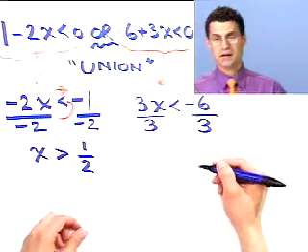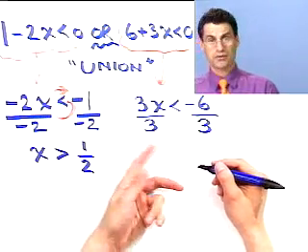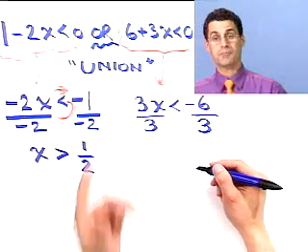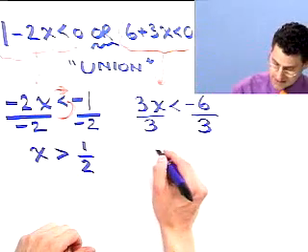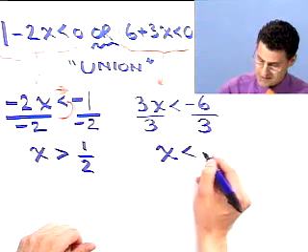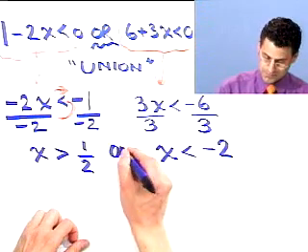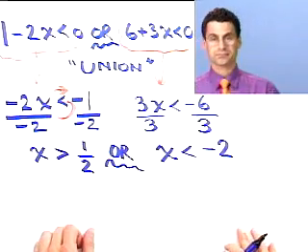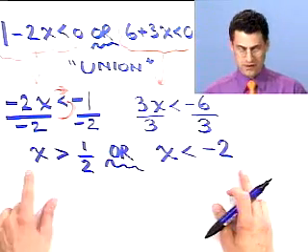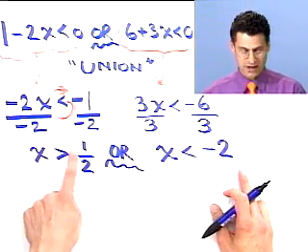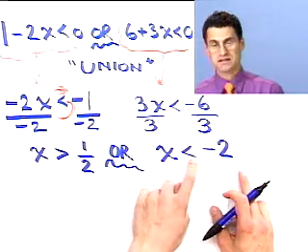Do I flip the sign? Absolutely not, because 3 is positive. I only flip when I multiply or divide by a negative number. So in this case, x is still less than, and minus 6 divided by 3 is negative 2. And remember, the conjunction is or. So now I see what my answer is. It's either x is greater than a half or x is less than negative 2.